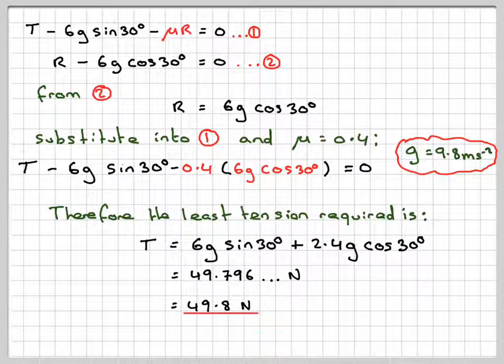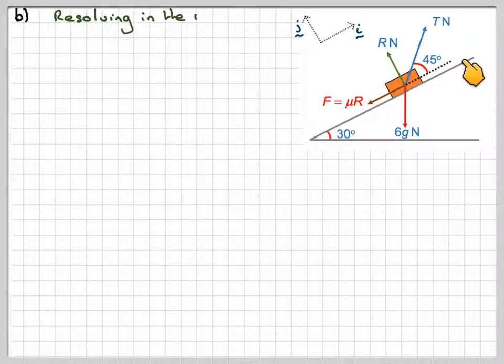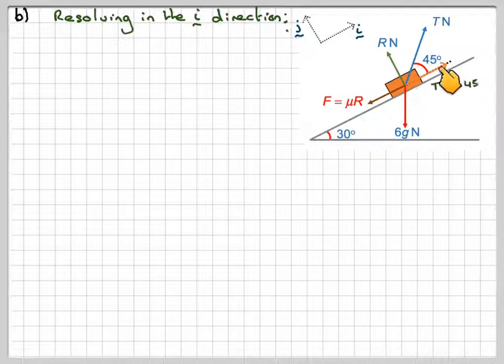Now the interesting thing is if we pull at an angle of 45 degrees like in part B, the procedure is the same. If we resolve in the i direction, along the slope, we've got to remember that the component of this force along the slope is going to be T cos 45.